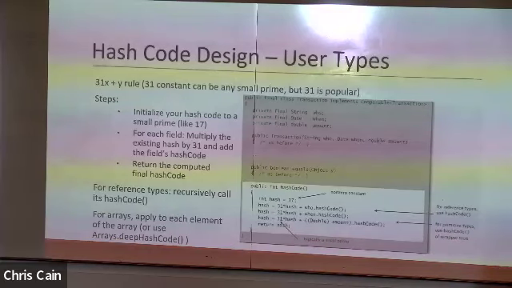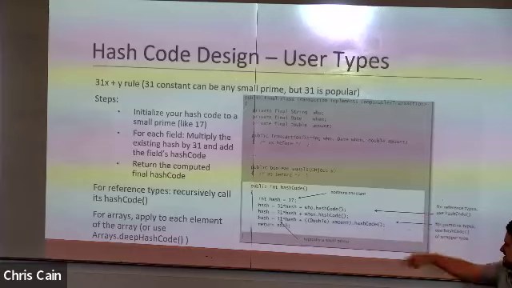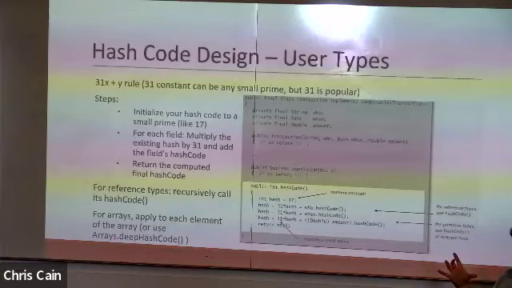Then we say 31 times the old hash plus the when's hash code. And then we do it again, we multiply it by 31 and add the amount dot hash code, but we need to make sure that the amount is cast as a Double object.